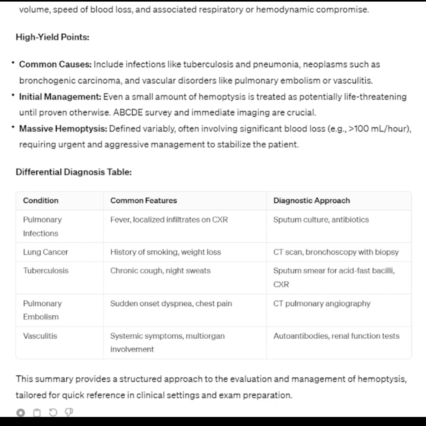Pulmonary embolism: sudden onset dyspnea, chest pain, CT pulmonary angiography. Vasculitis: systemic symptoms, multi-organ involvement, autoantibodies, renal function tests. This summary provides a structured approach to the evaluation and management of hemoptysis, tailored for quick reference in clinical settings and exam preparation.